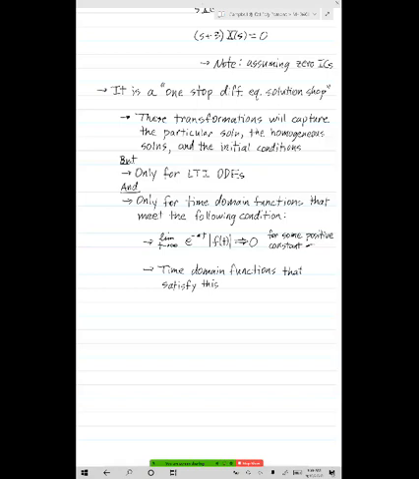We're just going to say, well, it doesn't matter what it is, you are not going to violate this limitation. And these time domain functions, but let me get the requirement down first, are said to be of exponential order.